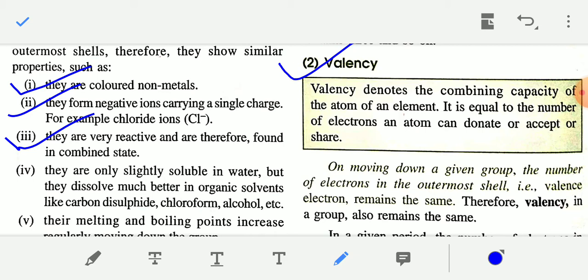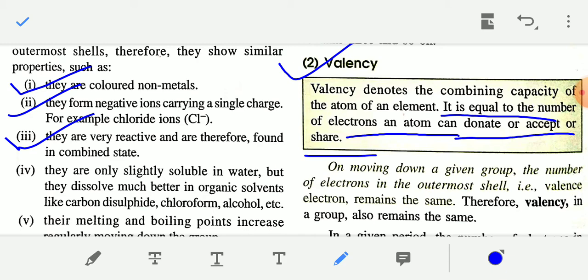Now see valency. Valency denotes the combining capacity of the atom of an element, and it is equal to the number of electrons an atom can donate or accept or share.